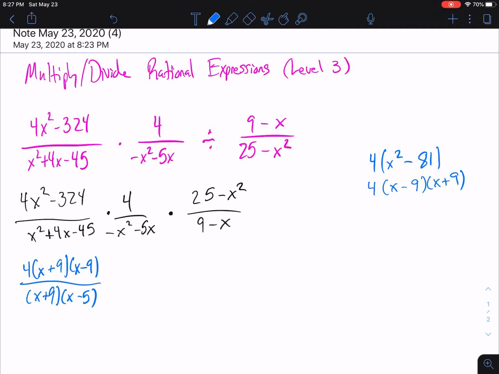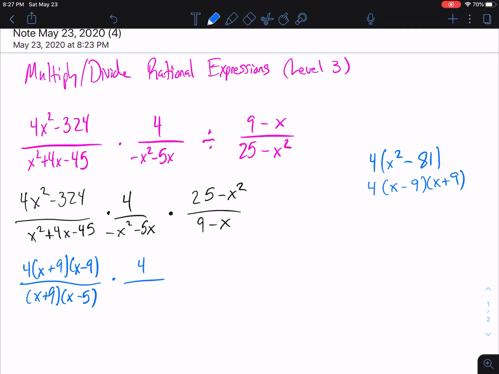Delta Math is great for this. Even if you complete an assignment and do 5 problems, it'll let you do 5 more. If you feel that you need to continue to practice, you have to continue to push and go further. So on top, we're going to get a 4.